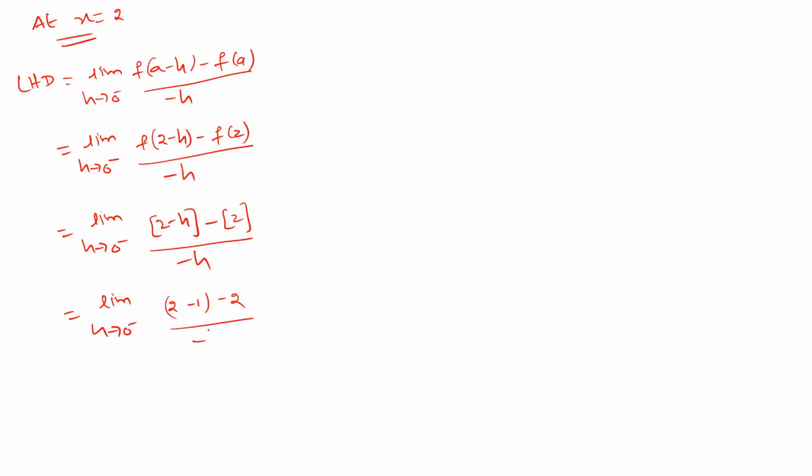Okay. So limit h tends to 0 minus, 2 minus 1 is 1, 1 minus 2 is minus 1, divided by minus h. So minus minus gets cancelled. 1 by h, if you substitute h as 0, 1 by 0 is nothing but infinity here.